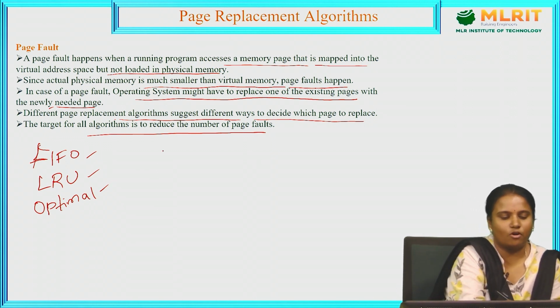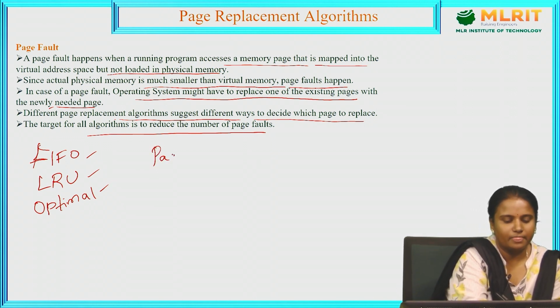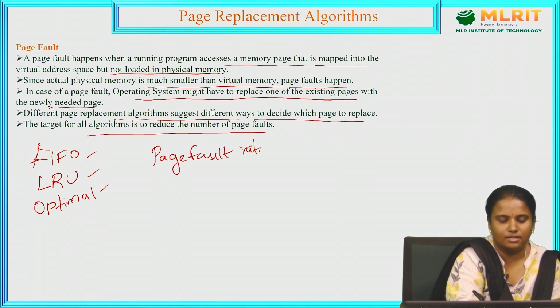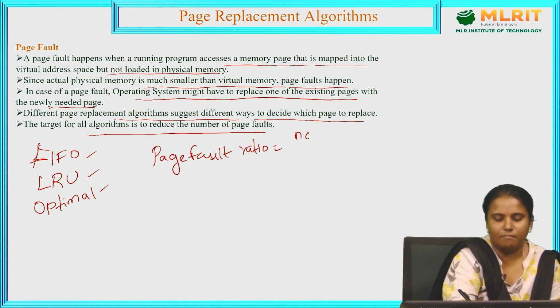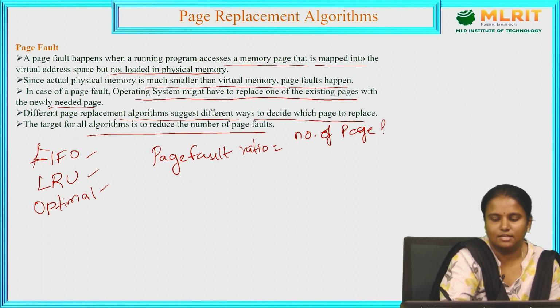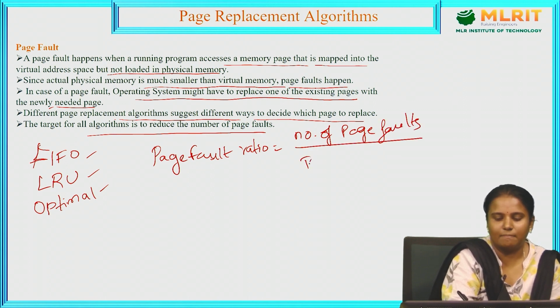So the page fault ratio formula is the number of page faults divided by the total number of reference strings.